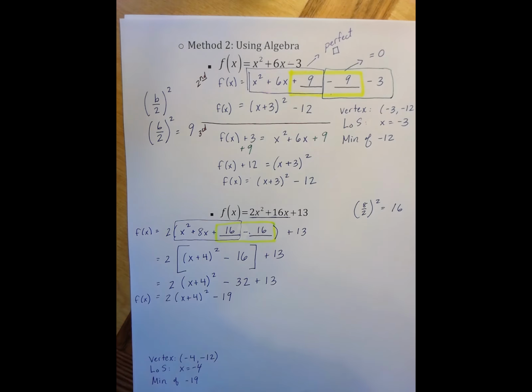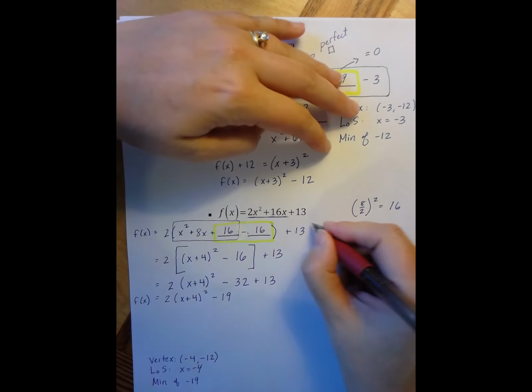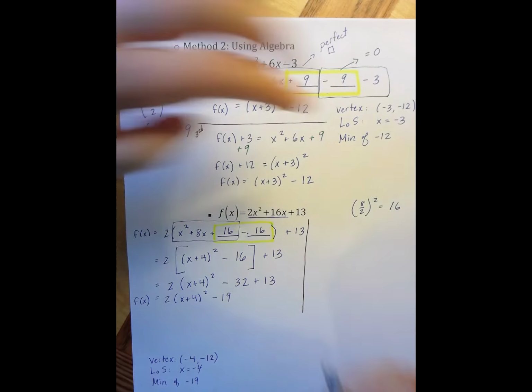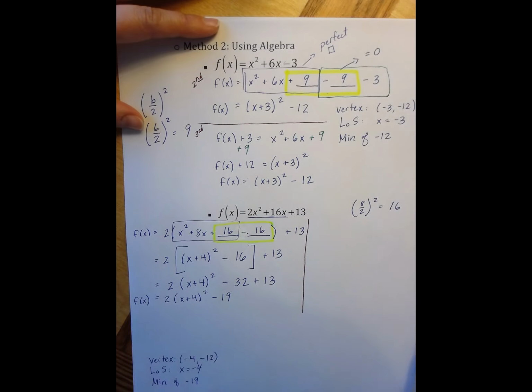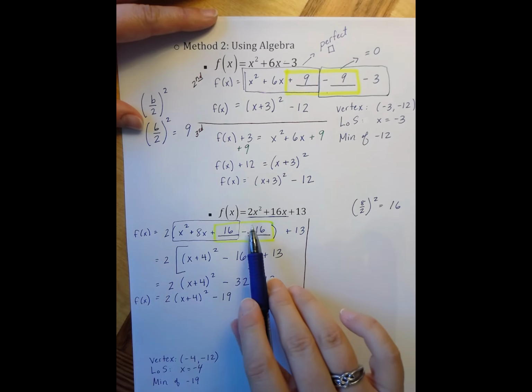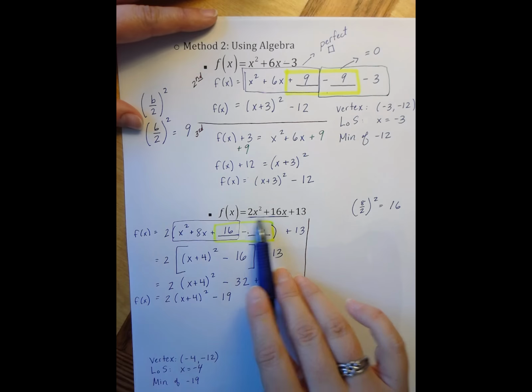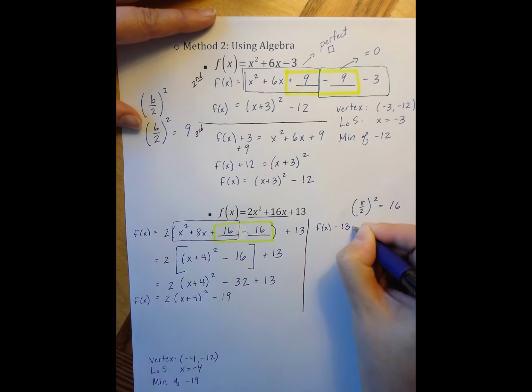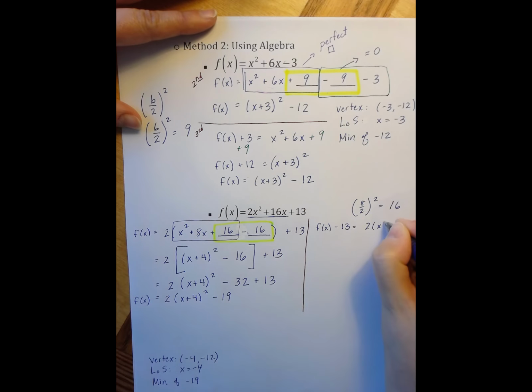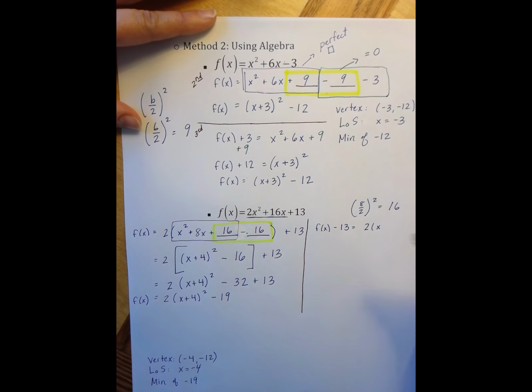So now let's look at another method for completing the square here. Pretty similar to the second method I used above in the first example in this section. So I'm going to move the 13 over. So f of x minus 13 equals 2x squared plus 16x.